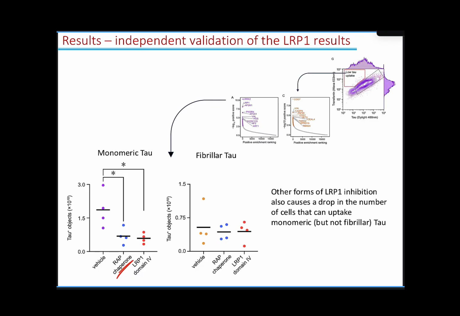So if you flood cells with that, what you're doing is you're keeping receptors away from what they would normally do. And for the RAP chaperone, LRP1 is one of those receptors that it kind of binds to and hugs. So putting a lot of RAP chaperone in cells is keeping LRP1 away from its regular jobs.